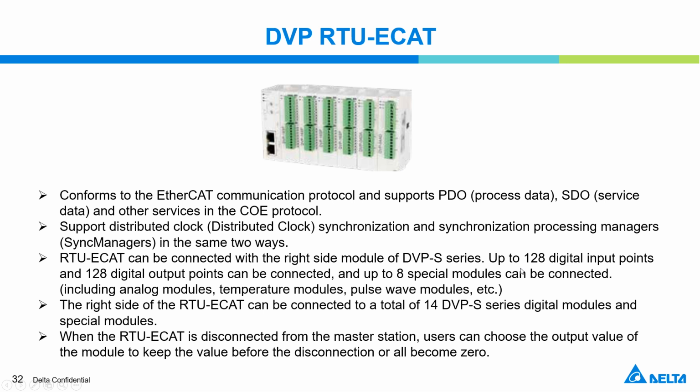You need to notice that the right side of the RTU EtherCAT can be connected to a total of 14 DVP-C series digital modules and special modules. The feature and advantage of this one is that if the remote I/O is disconnected from the master station, the user can choose the output value of the module to keep the value from before the disconnection or become zero.